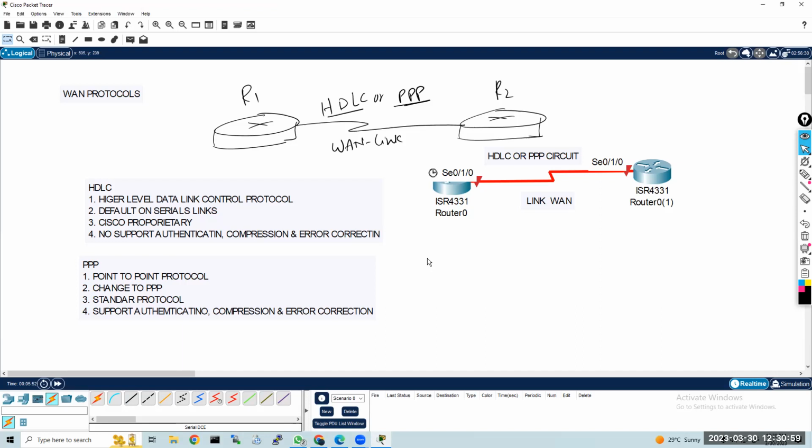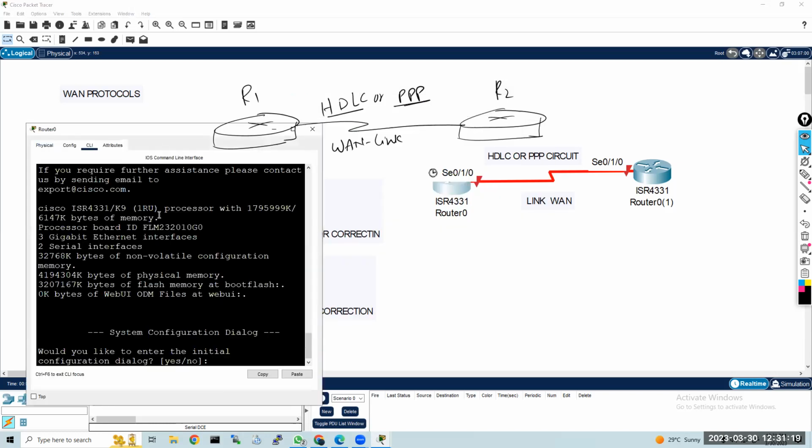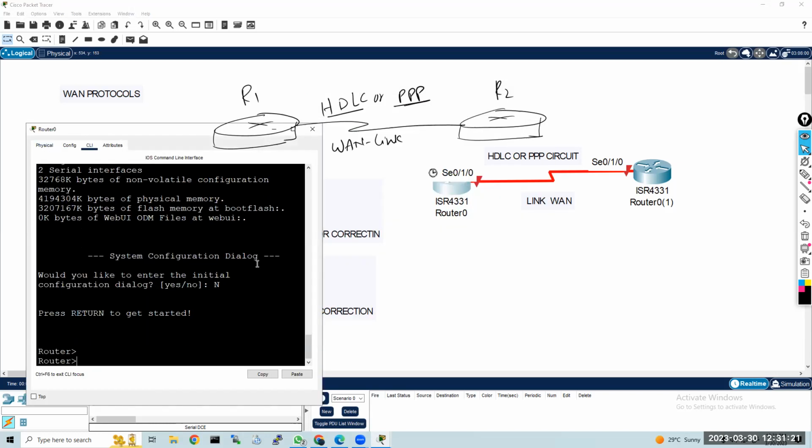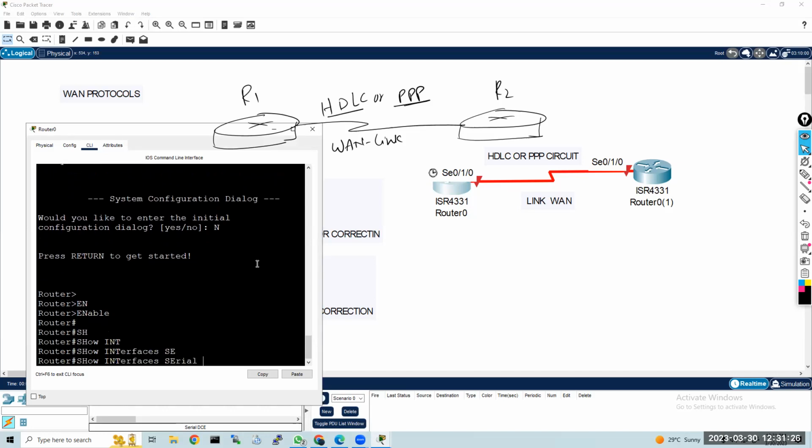Circuit means a closed loop communication. So how to check whether it is an HDLC link or whether it is connected? The command is the same as here. Let me show you. Show interface serial 0/1/0.